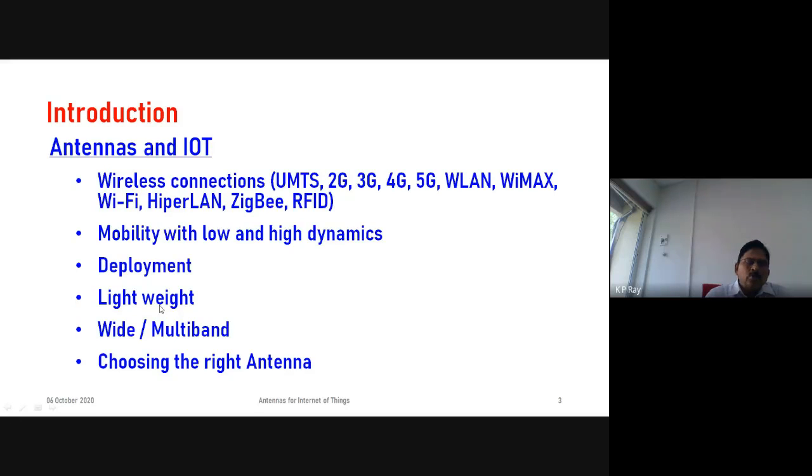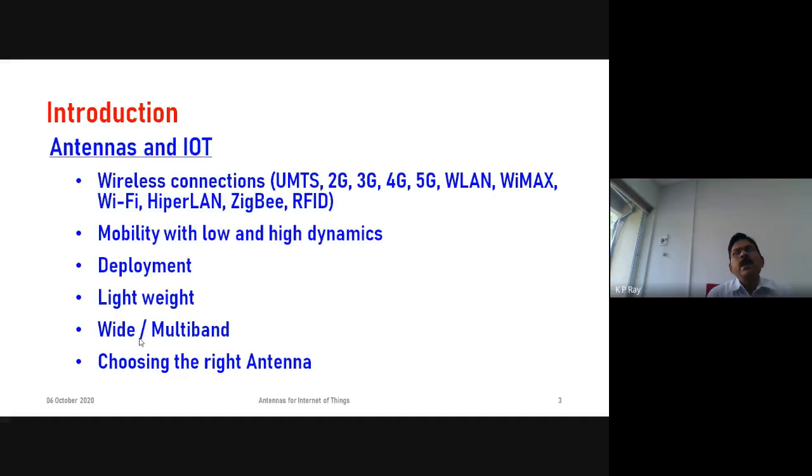So lightweight indirectly tells that you should have a smaller antenna, and then we try to minimize the cost, to make it cost effective, and also to make it an efficient wireless system. We try to have many channels embedded into a single antenna, or multi-band operation.